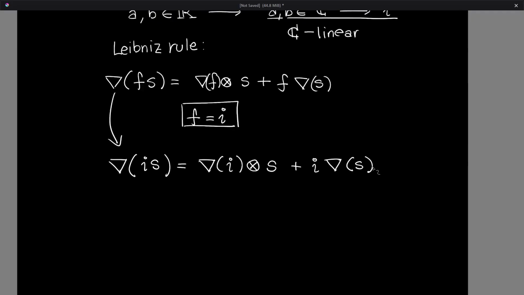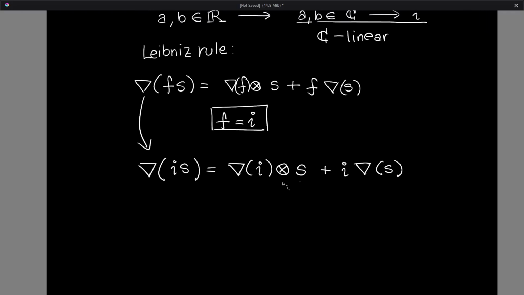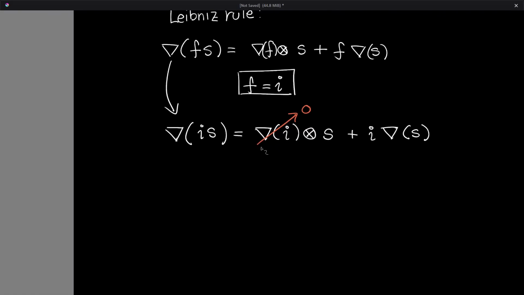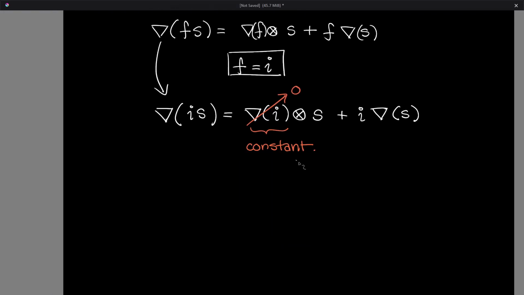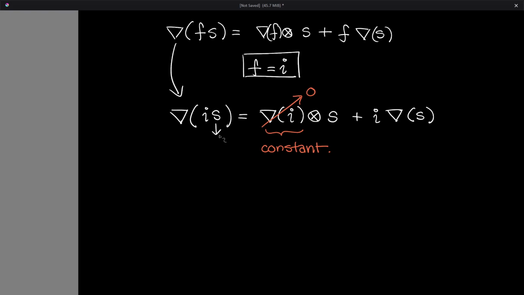So we can interpret this in a few ways. First things first, this is 0 because i is a constant, so it doesn't have any derivative. You have to think of this as a constant function over the manifold. And the rest of it, here we have s, which is a section, right?